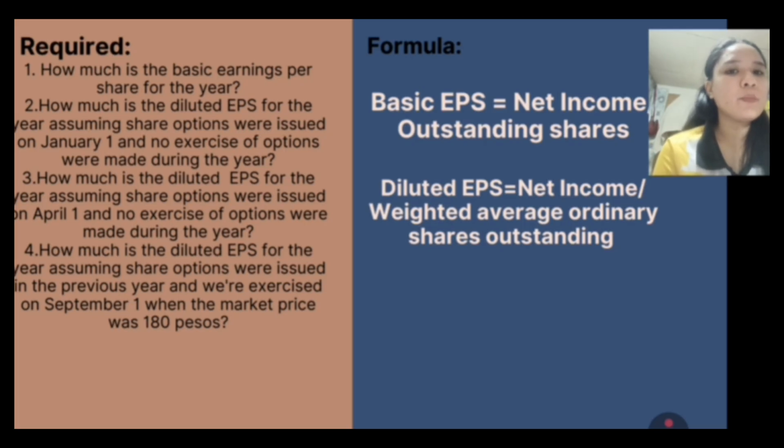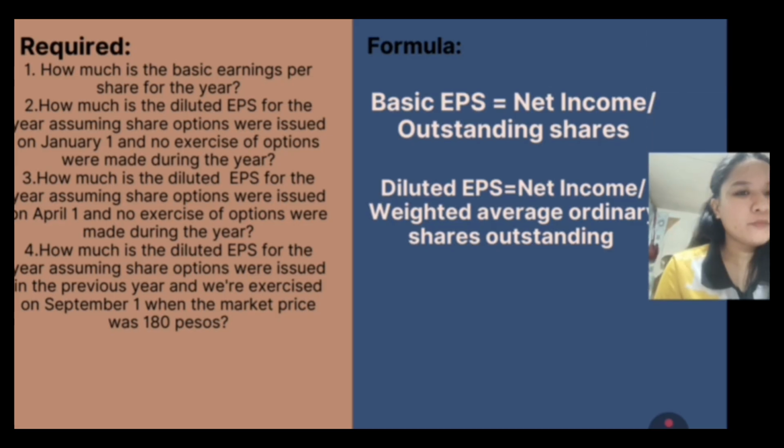Third, how much is the diluted earnings per share of the year, assuming share options were issued on April 1 and no exercise of options was made during the year? And the last requirement: how much is the diluted earnings per share of the year, assuming share options were issued in the previous year and were exercised on September 1 when the market price was 180 pesos?